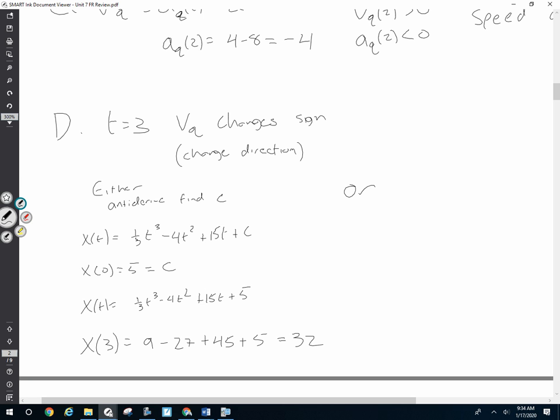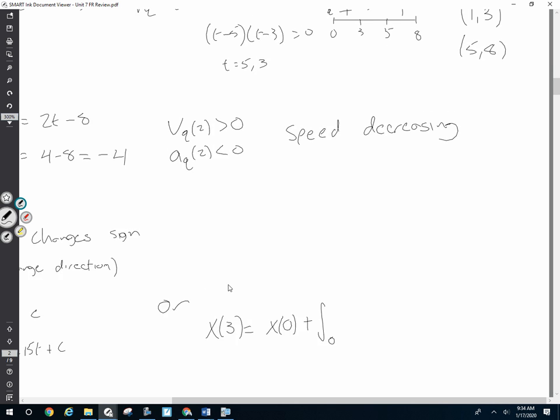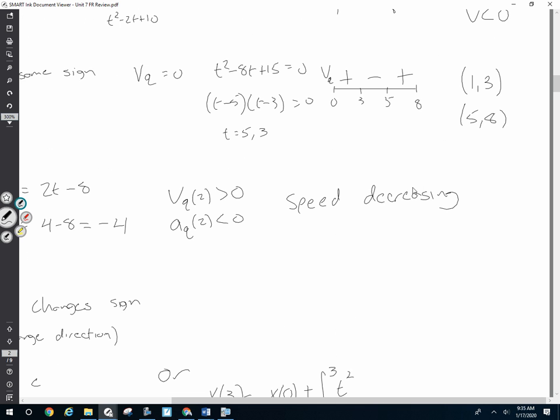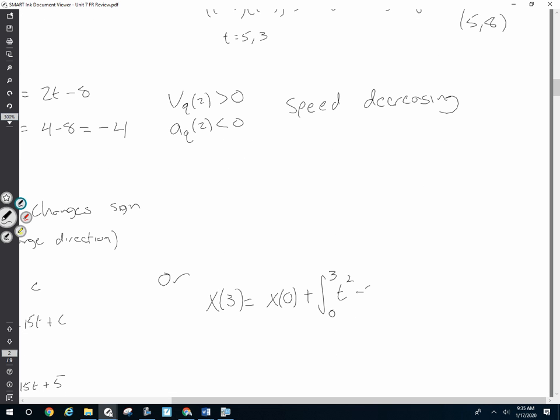Or my unknown position equals my known position plus the displacement. When you do the displacement, you do not have to find c. I mean, it's not that hard, but you don't have to do it. t squared minus 8t plus 15.